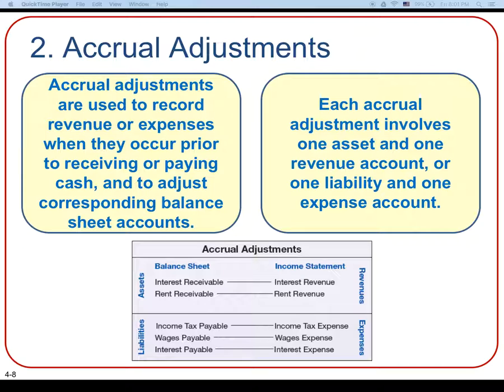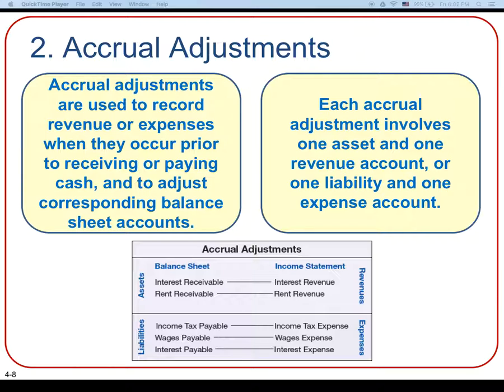So here's an example. In the balance sheet, you always have interest receivable, and then you have interest revenue on the other side. That's your income statement. Remember, the transaction always has to be dual entry.